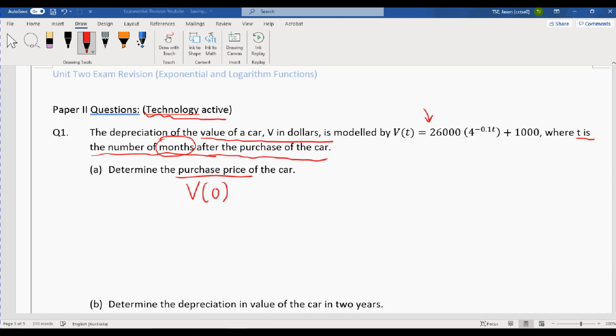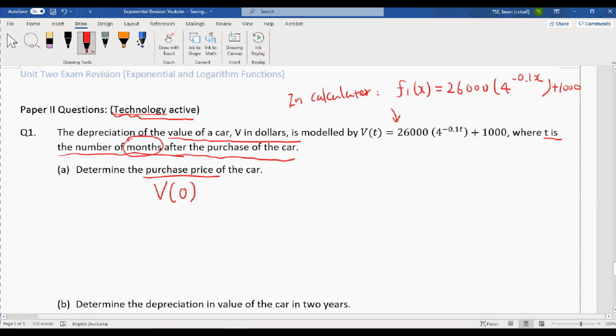So in your calculator, what you need to input is f1(x) equals 26000 e to the power of minus 0.1x plus 1000.